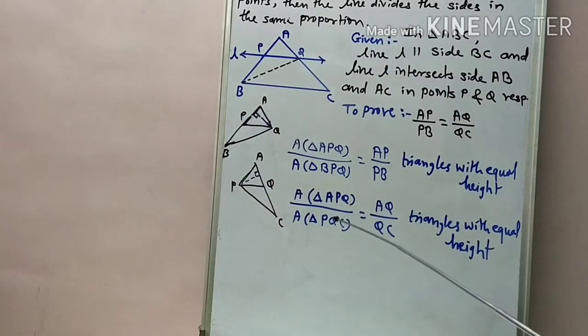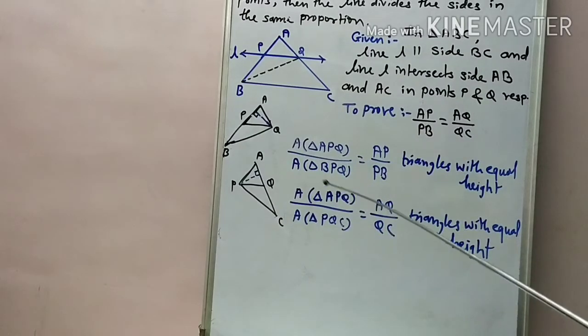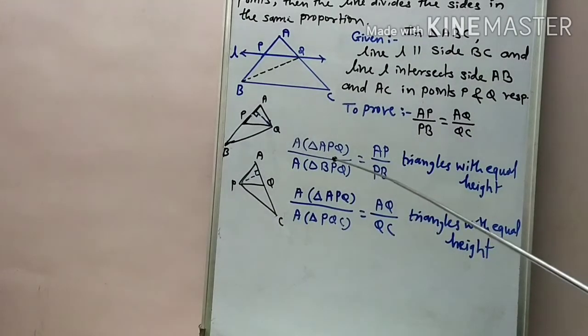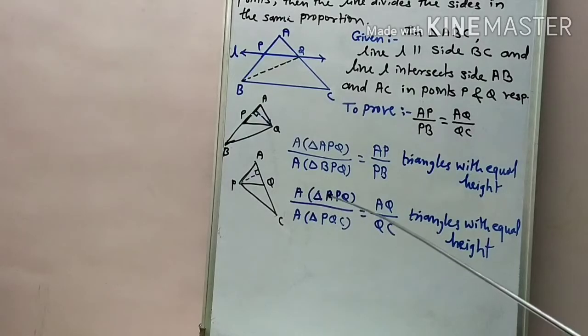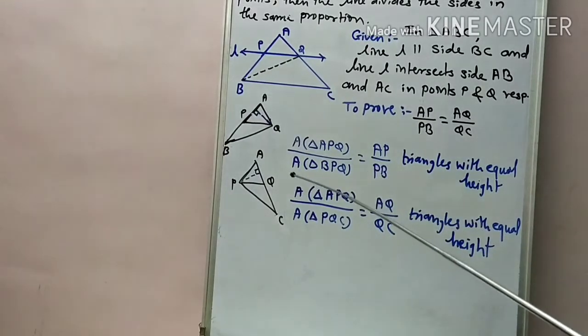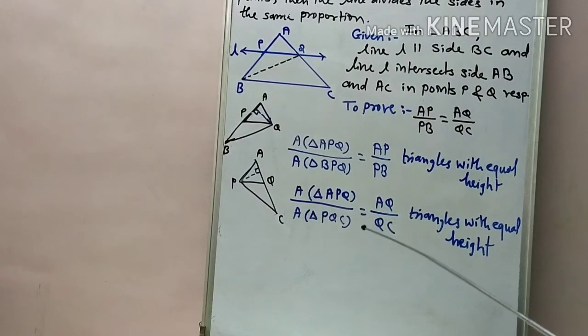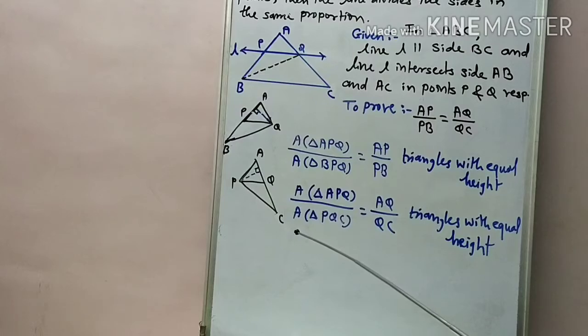And as you observe here, in the numerator we have the same triangle. Here we have the area of triangle APQ, and here also we have the area of triangle APQ. But in the denominator, we have triangle BPQ for the first and triangle PQC for the second.